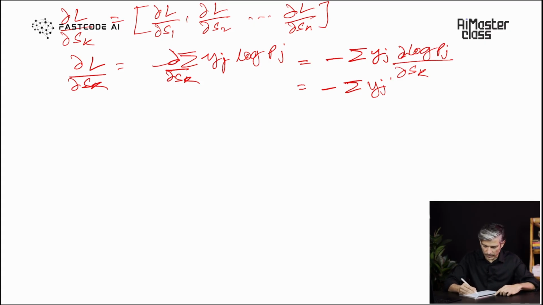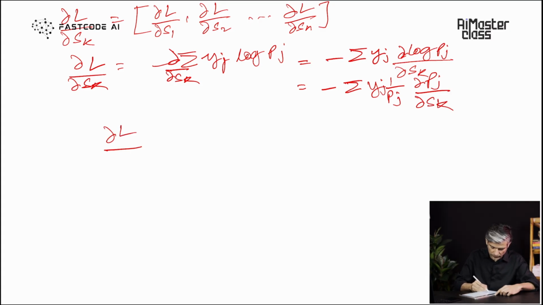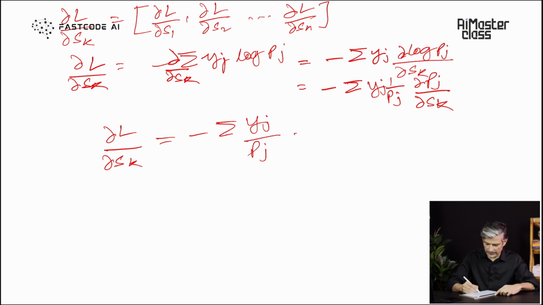It becomes 1 upon pj, and then we have the derivative of pj with respect to Sk. So, we can write the derivative of loss with respect to Sk as the negative sum of yj upon pj, multiplied by the derivative of pj with respect to Sk. Now, let us call this equation 1 and come back to this later.